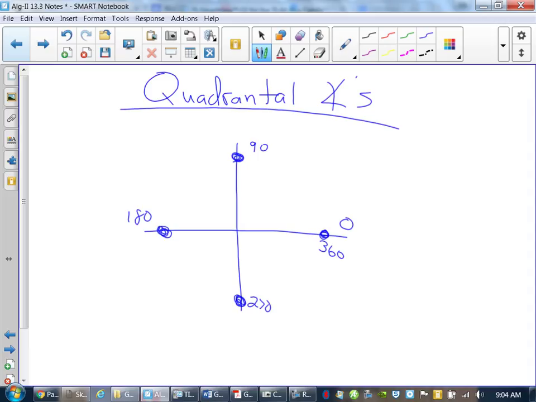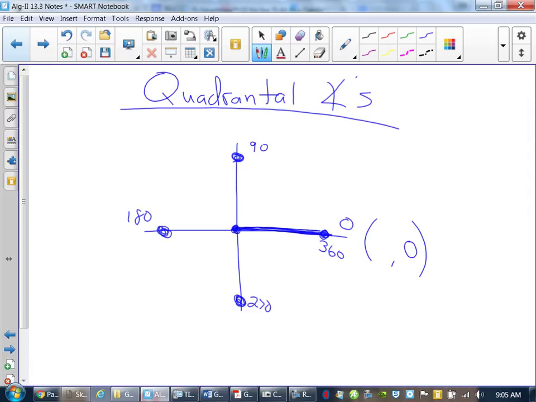I want you to think of this distance from here to here. You moved on which axis? The x-axis. Okay. Now, if this is some ordered pair, what's my y value going to be at that value? 0.